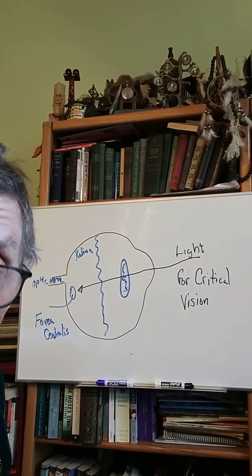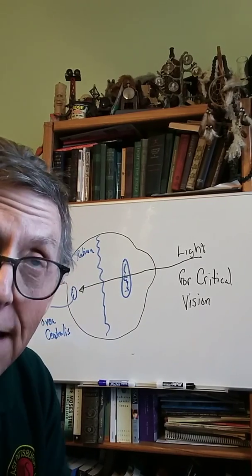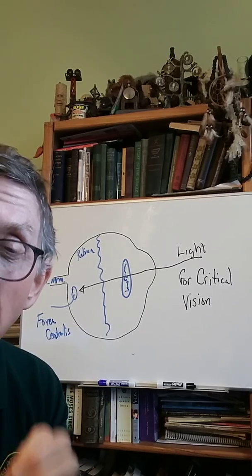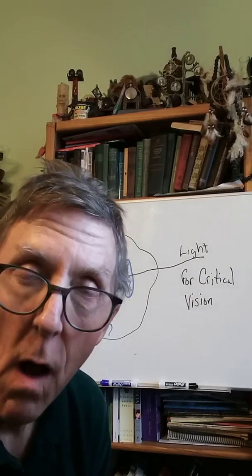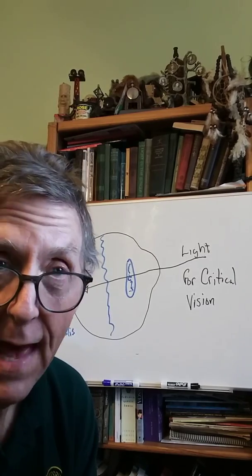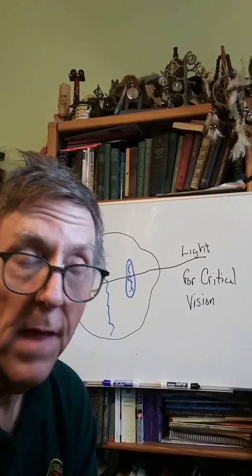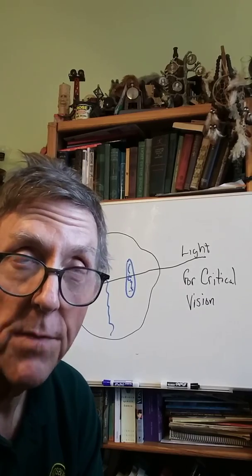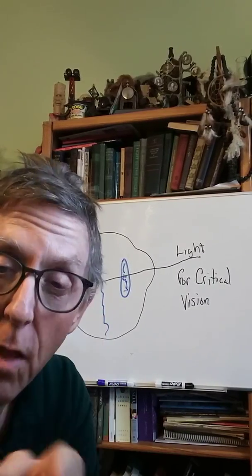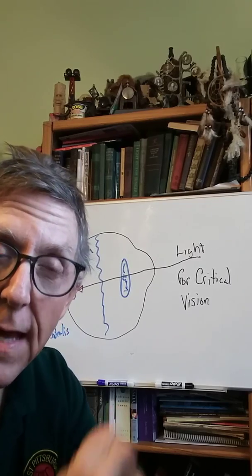Now, you notice we have just this one spot where we have all these cones, and we have this really large retina. Throughout that retina, we have photoreceptors, but the majority of those photoreceptors are going to be rods. Rods are able to see in much dimmer light. As a matter of fact, they are non-functional in bright light. They're only functional in dim light. Similarly, you have to have a lot of light to activate cone cells.